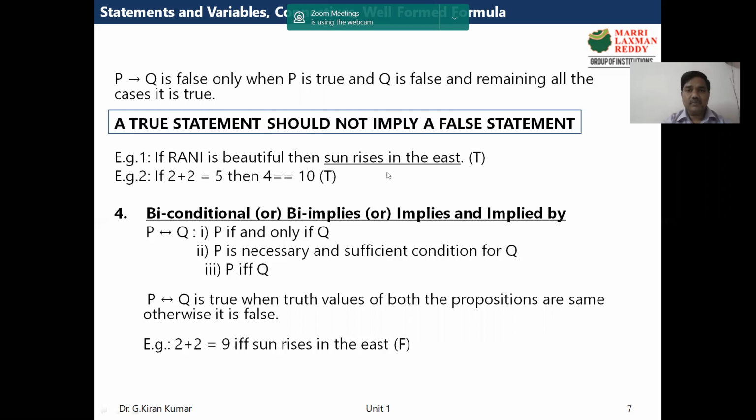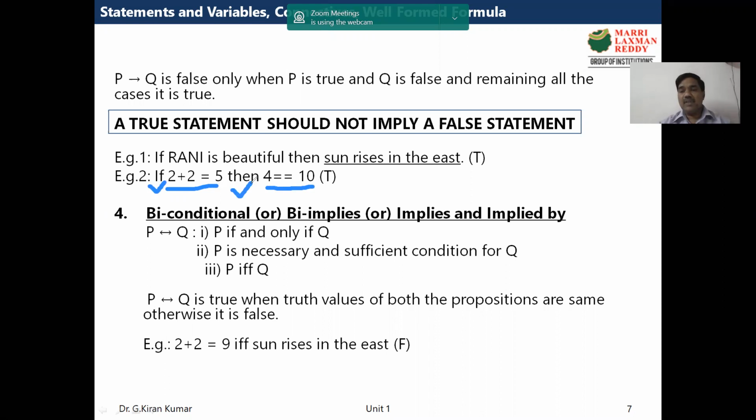So see here: if 2 plus 2 equal to 5, then 4 equal to 10. Now please understand what the propositions are and what connective is involved. Just now we discussed that if-then means the connective involved is implication.